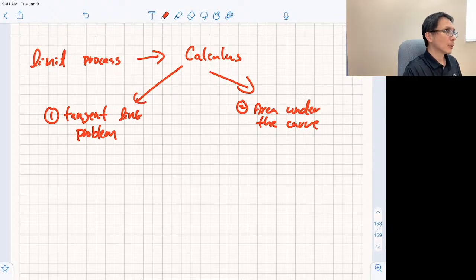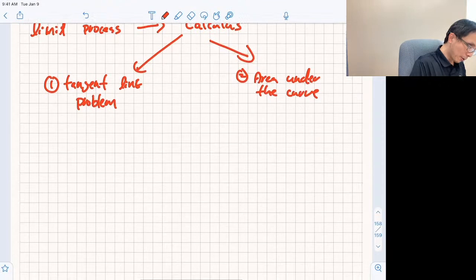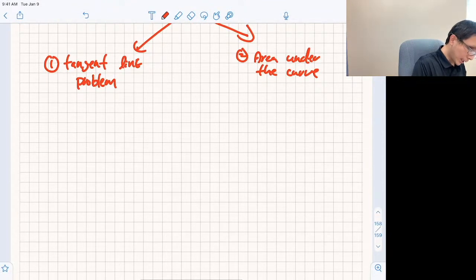Well, first of all, what is a tangent line and what is a secant line? Do you guys know the difference between a tangent line and a secant line? In geometry, you actually learn about tangent lines. Can anybody tell me what a tangent line and a secant line are? Okay, we're going to show you the secant line first.